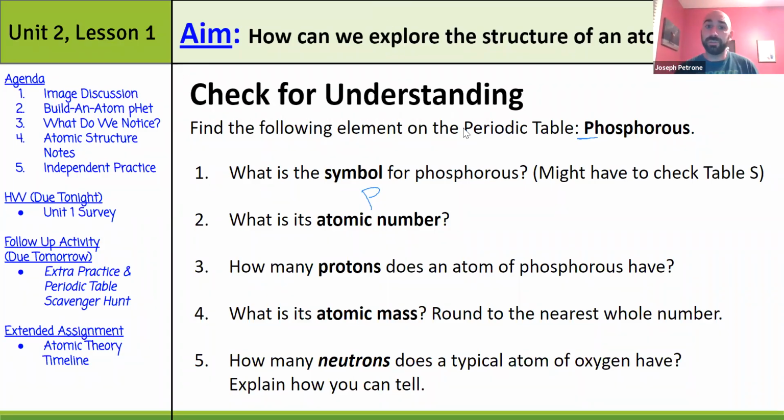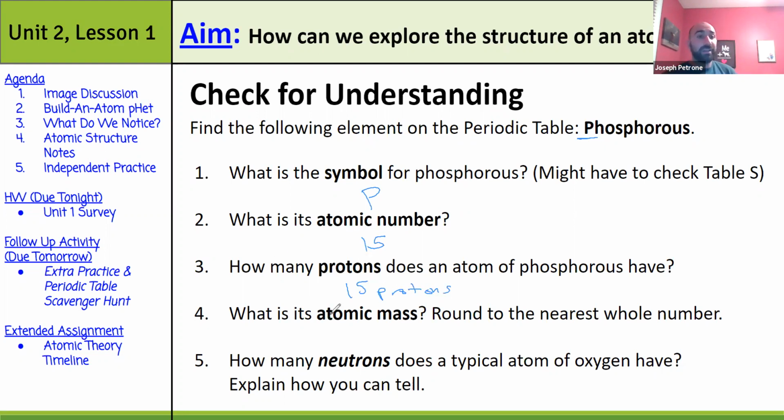That is phosphorus's atomic number. So once again, you find on the periodic table the P, and then you would see that right underneath that P, the bolded number is 15. Now, how many protons does an atom of phosphorus have? That directly relates to its atomic number. So it has 15 protons.